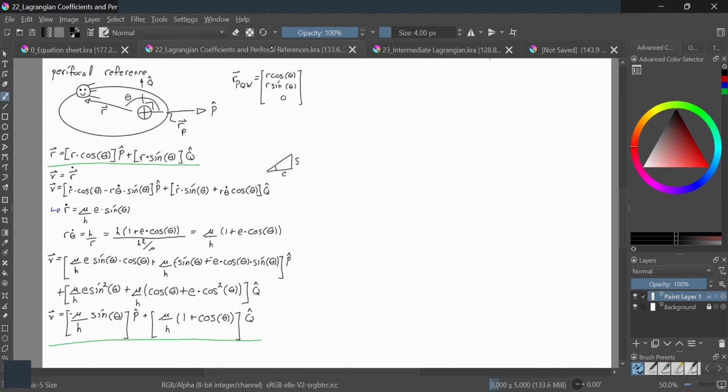For the first part of this mini-series, we took a look at the perifocal reference frame. We discussed what that meant and what equations for position and velocity would look like in this reference frame, as can be seen by these underlined equations here.